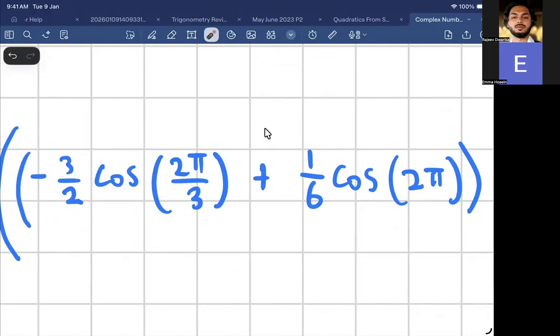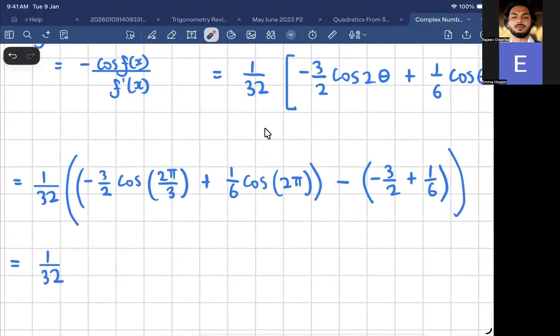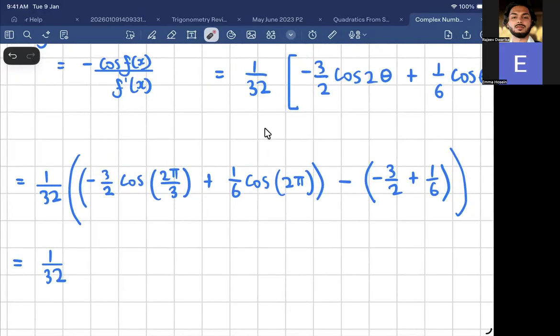Let me see the thing again. 3 over 2 minus 1 over 6, 4 over 3.